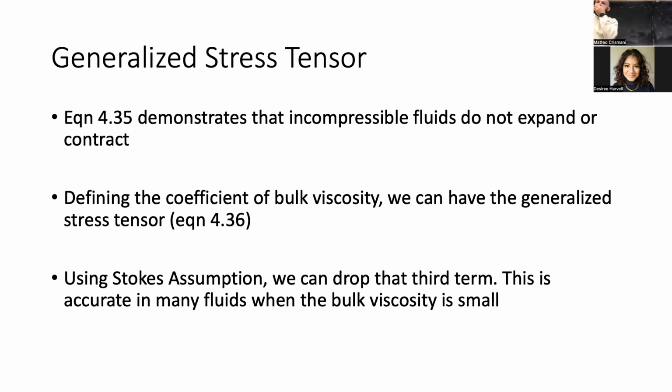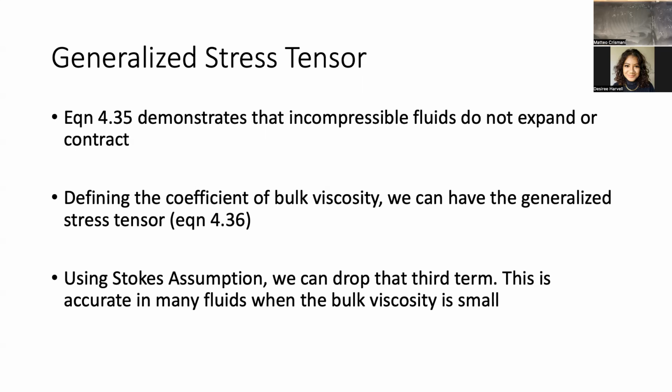Stokes' assumption, which is my favorite part about old math. He just said that if you write the definition of the bulk viscosity, mu nu, it is lambda plus 2 mu over 3. So that's the coefficient of bulk viscosity.